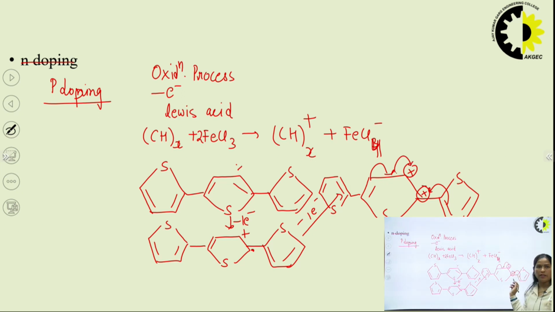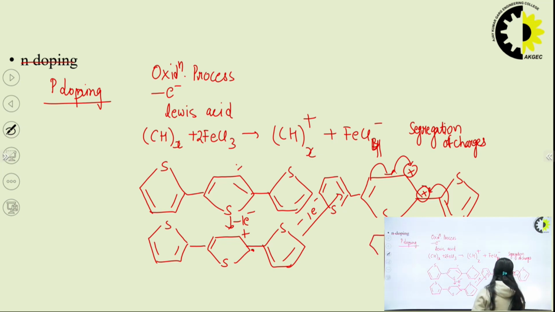Due to this shifting, which is known as segregation of charges, the electron gets attracted towards positive charge, and due to this segregation, in another unit of this thiophene, you can observe that the shifting of double bond is there.